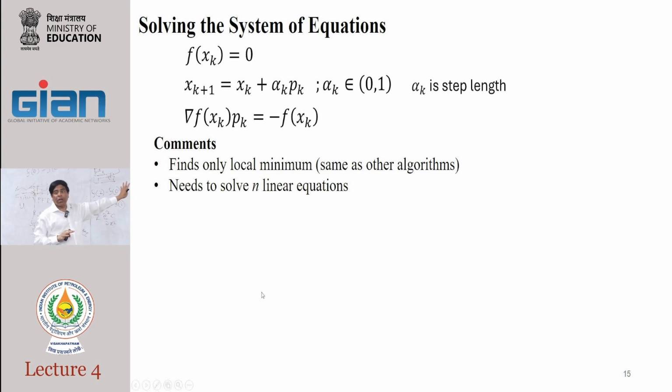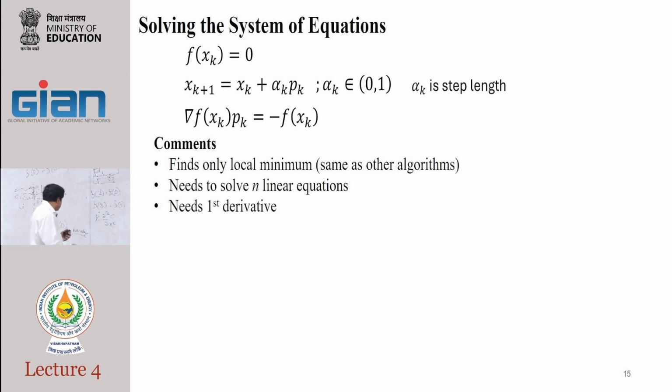But let's see why we care about the linear equation solver. One thing is that we need the first derivative. I'm not sure how many of you have heard about AD, or automatic differentiation.